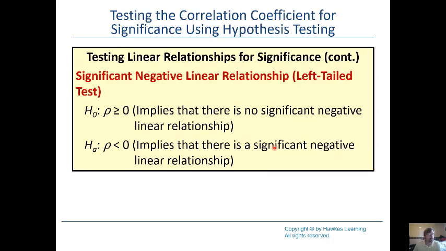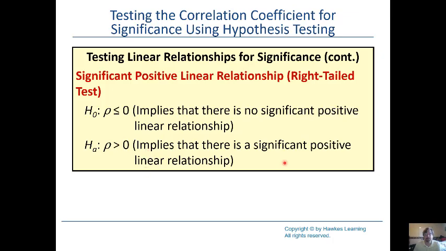We could do this directionally. Less than 0 implies a negative relationship. Greater than 0 implies a positive relationship.